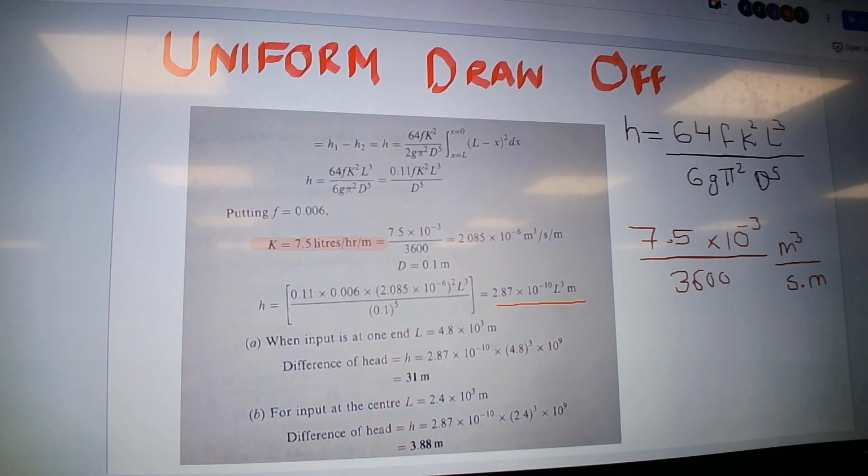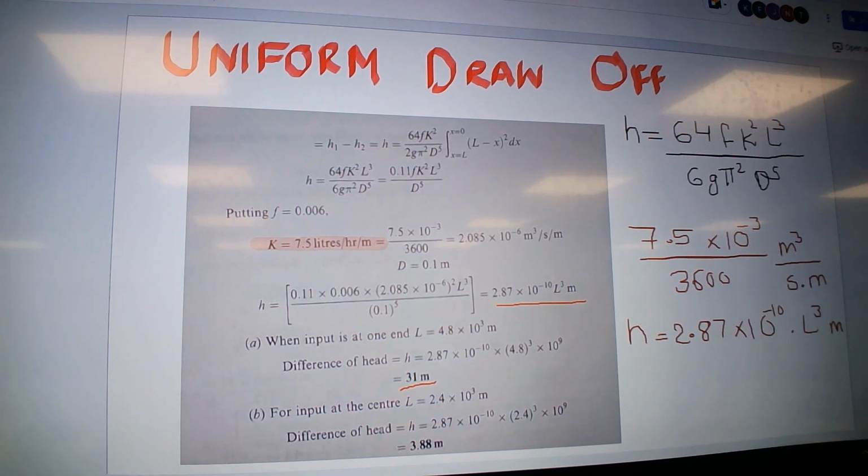Once we have this, the value for h is 2.87 times 10 to the minus 10 multiplied by L cube meters. If I want to find the difference of head, when the length at input is 4.8 times 10 to the 3 meters, I can put that value here and that will give me the head value 31.